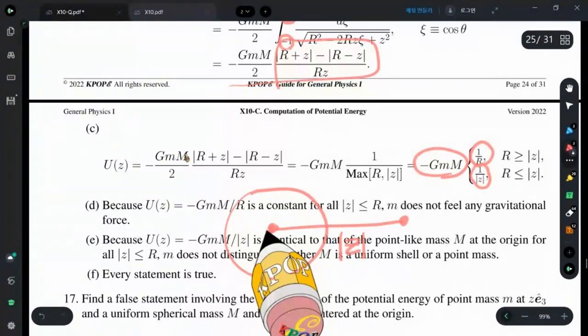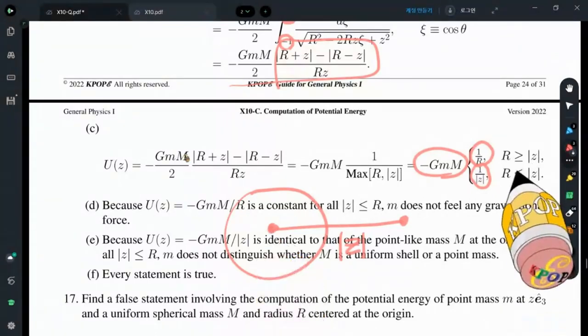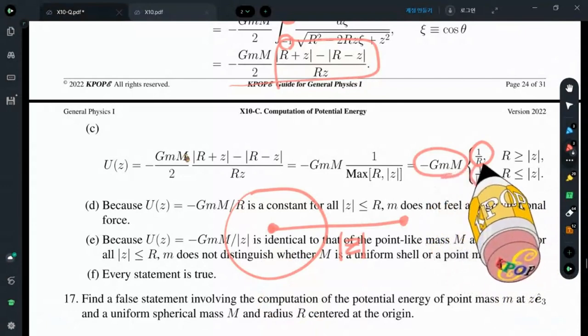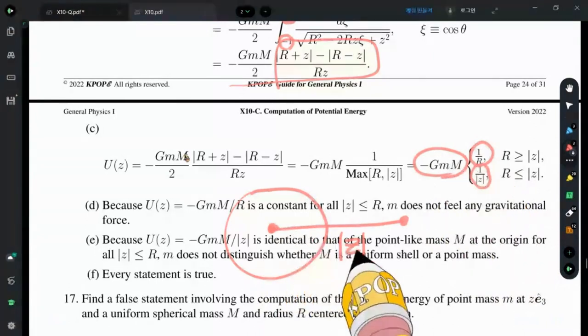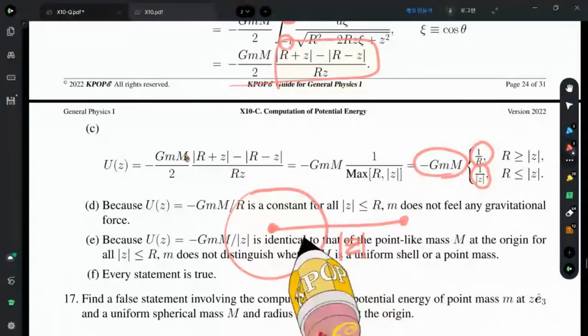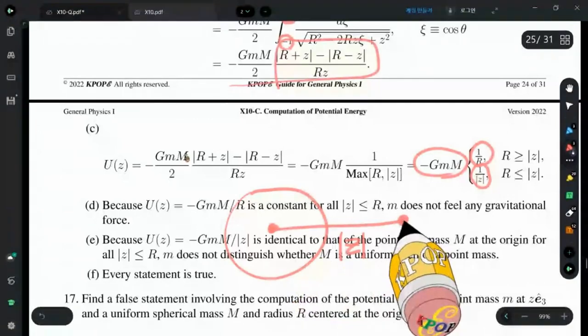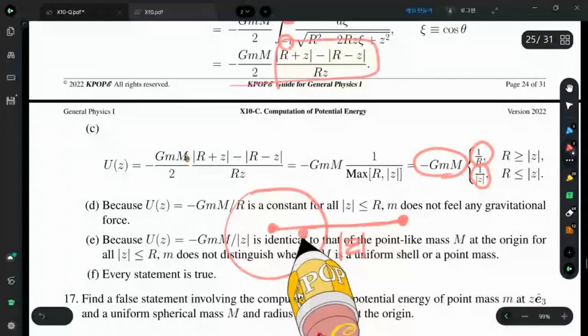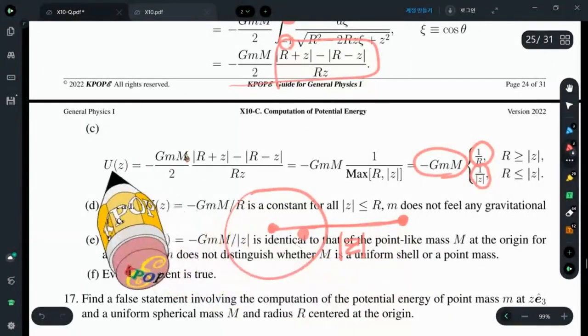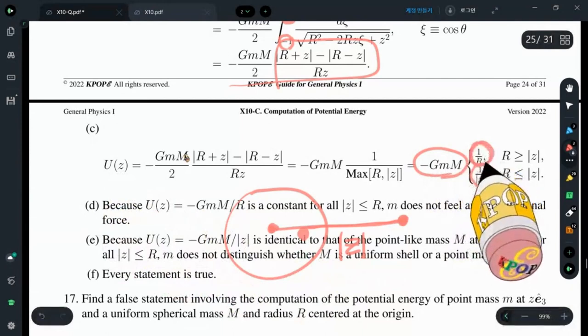Okay, and then what happened next? Potential energy in here is 1 over R. There is no z dependence. When this object penetrates the surface and is placed inside the sphere, what happens? Potential energy is a constant.